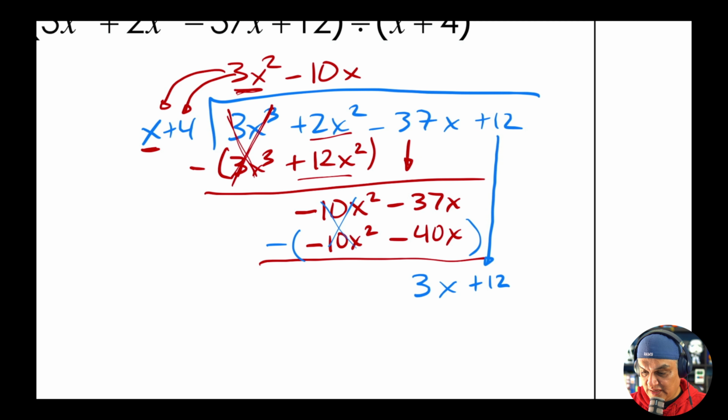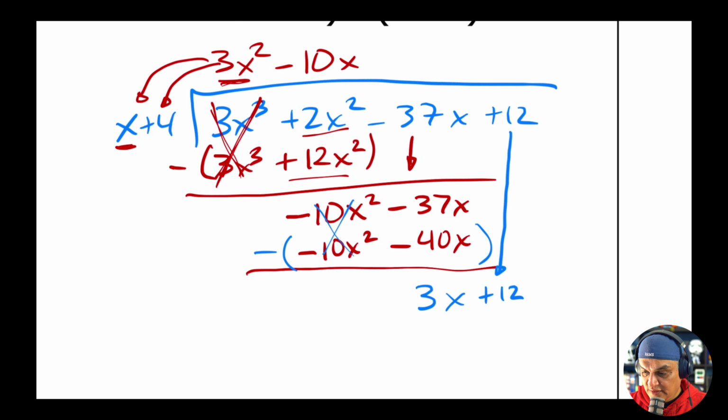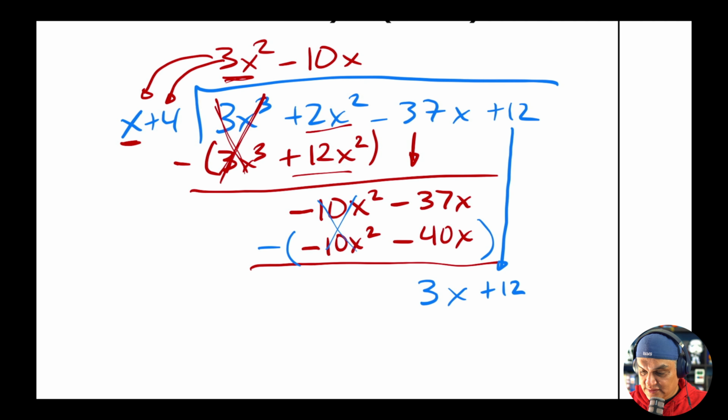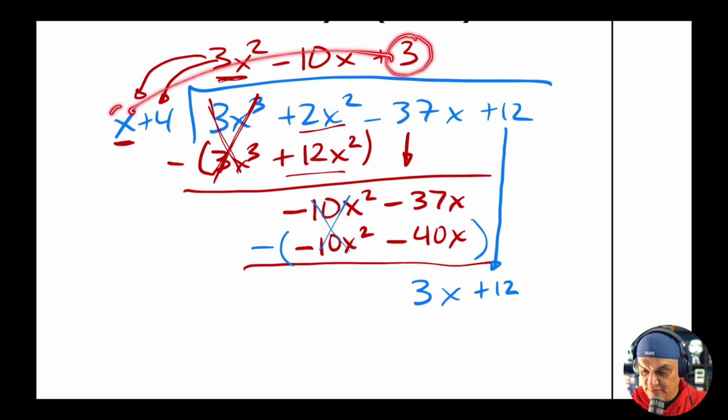And so now I'm going to ask myself, what do I need to multiply x by to get 3x? Oh, that's easy. Just a positive 3. And so now let's multiply. 3 times x is 3x. 3 times 4 is, ooh, I like this, look what's going to happen, positive 12.